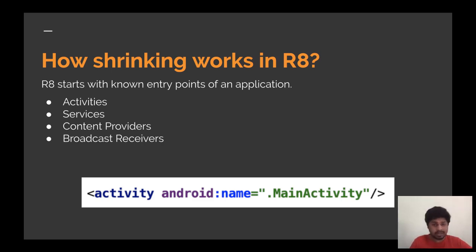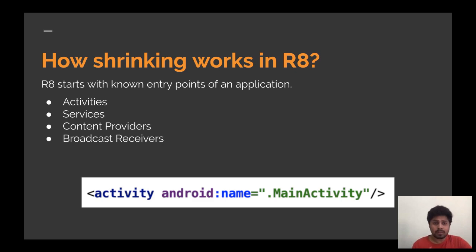Now neither R8 nor ProGuard understands the manifest file, and they should understand, because there's a little tool which helps us to understand them, called AAPT, the Android Application Packaging Tool. What the Android Application Packaging Tool does is, during your build, it pre-processes all the resources and creates corresponding keep rules for you.